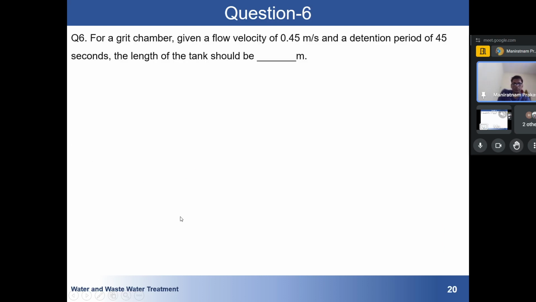So what will be the length? Anyone? Okay, no problem.